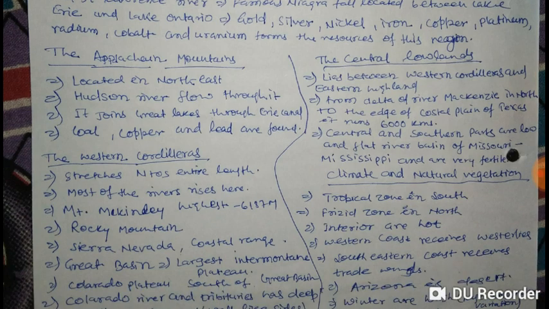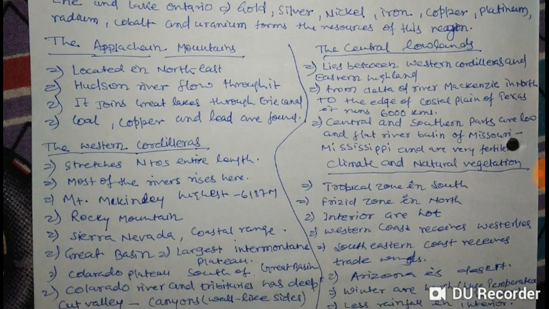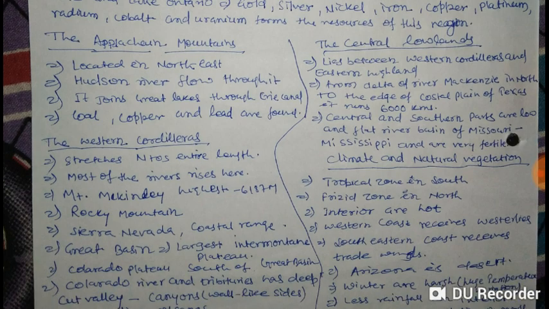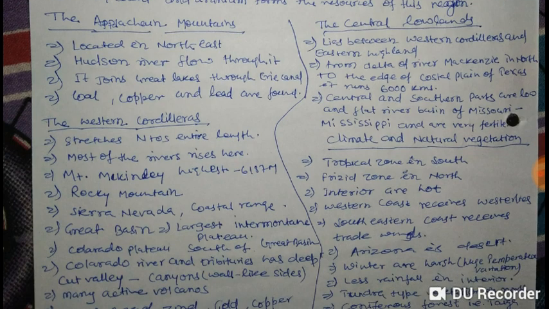The next point is it joins the Great Lakes through the Erie Canal. See, the Great Lakes is a very important feature in North America, and the Hudson River joins the Great Lakes through a canal called the Erie Canal. Next point is coal, copper, and lead are found in the Appalachian Mountains.